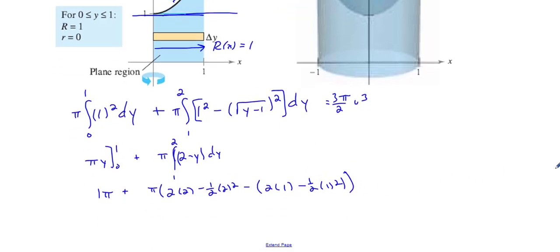You guys getting 3 over 2 pi? That'd be 1 plus a half, 3/2.